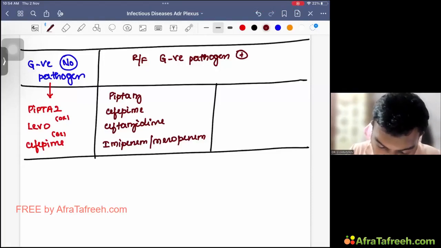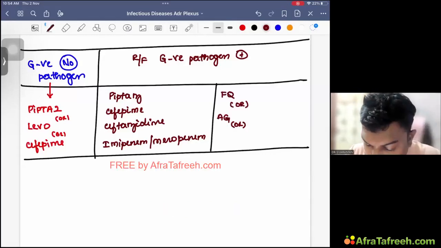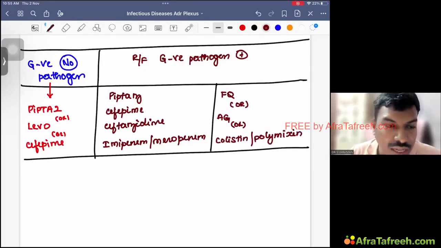Along with this, you are going to add one more drug, which is going to be either a fluoroquinolone or an aminoglycoside, or you're going to go for colistin or polymyxin. If you give colistin or polymyxin, it means we have no other options after that.